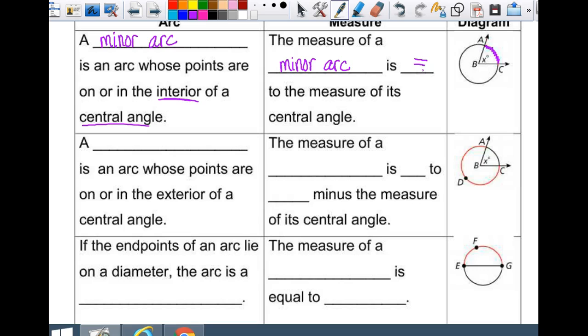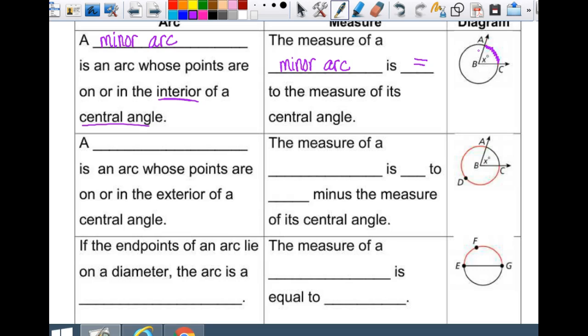Arc length is something different. If we think of this as a circular track and we're running around the track, if I run from A to C, I could run maybe 50 yards, or I could run 80 degrees. But those are two completely different types of measurements. And if I run from A all the way around the circle back to A, that's 360 degrees, no matter how big my track is.